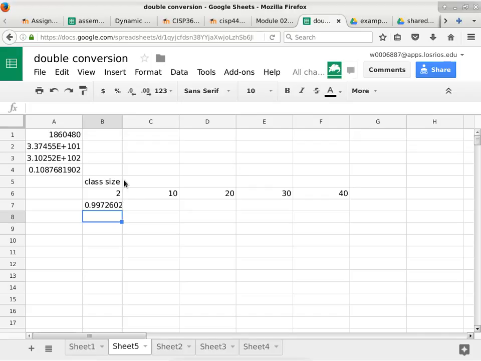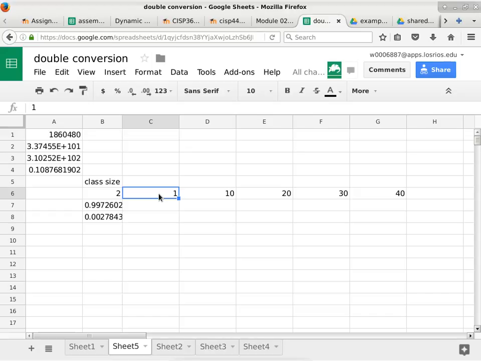When you have a class size of 10 people, oops. Oh, by the way, it works for 1 too. I didn't put 1 here because I thought it would be kind of silly, but let's put 1 over here and see what it's going to do. With a 1, you can probably tell what it's going to do, because the numerator is the permutation of choosing only 1 out of 365, which is 365, right? I have 365 things to choose from, and I only need to pick 1 thing.